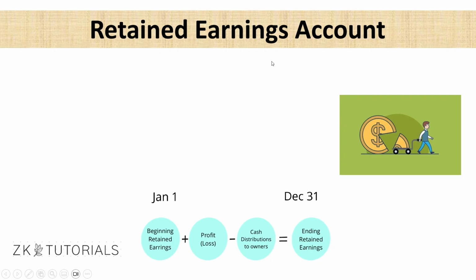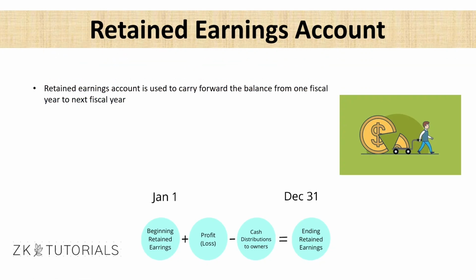First we will understand what is retained earnings account. Retained earnings account is used to carry forward the balance from one fiscal year to next fiscal year. You can assign a retained earnings account to profit and loss account.